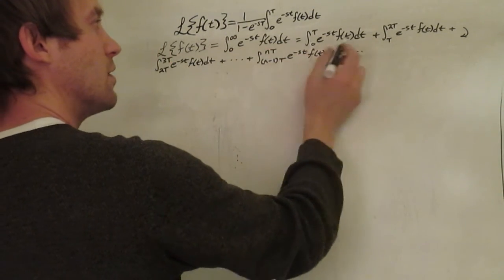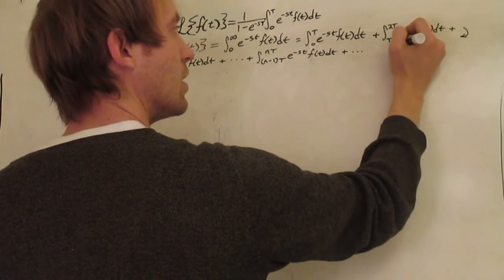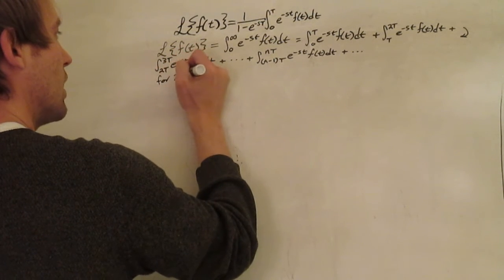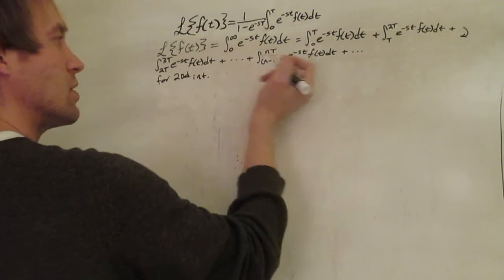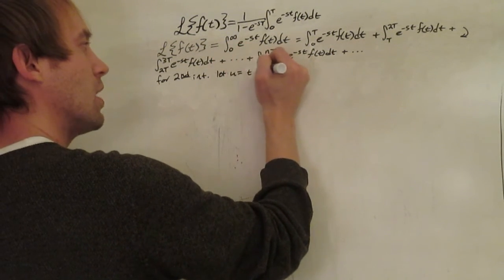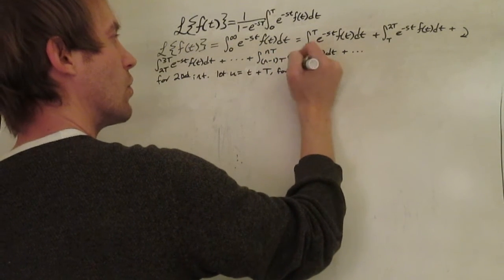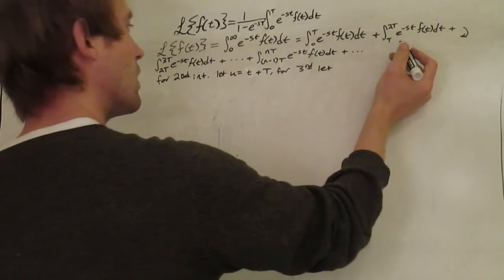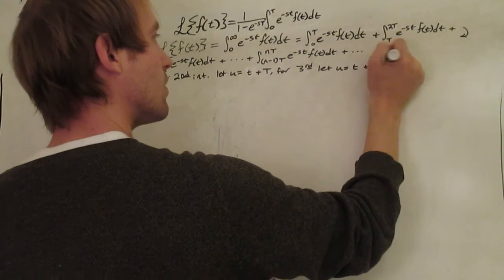Now we're going to leave this first integral alone, and we're going to look at the second one. For the second integral, let u equal t plus capital T. For the third integral, let u equal t plus 2T.